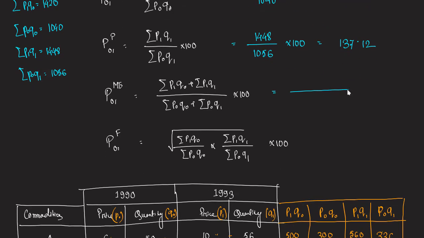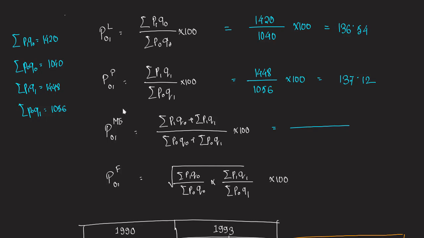This one is summation P1 Q0, 1420 plus summation P1 Q1 is 1448, divided by summation P0 Q0 is 1040 plus P0 Q1 is 1056, into 100, which is equal to 136.83.